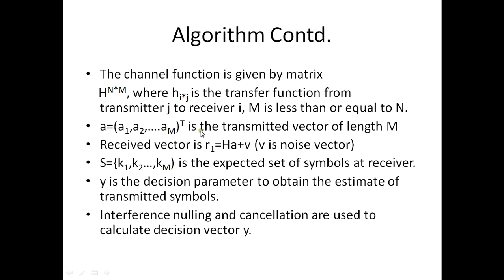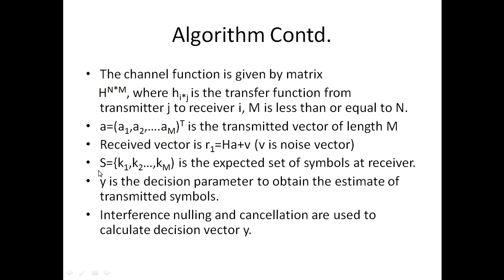Your transmitted vector of length m can be given as a vector A, with elements A1 to Am. Then your received vector is given as HA, that is the channel matrix multiplied by the transmitted vector, plus an additive noise vector, a WSS noise vector.